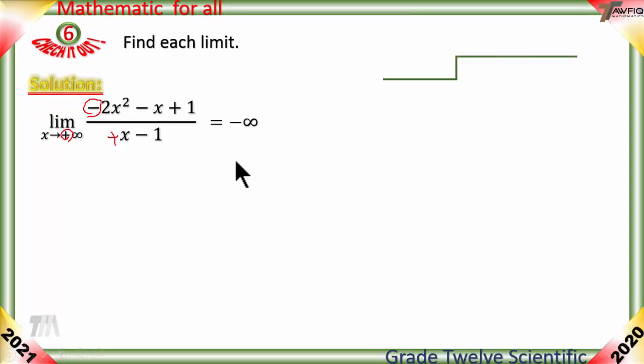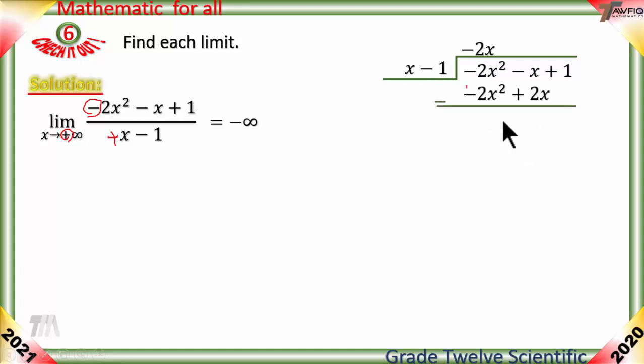And to find the slant asymptote, only make a long division. Minus 2x squared minus x plus 1 divided by x minus 1. Minus 2x squared divided by x is minus 2x. Minus 2x times x minus 1 is equal to minus 2x squared plus 2x. Subtracting, this one is cancelling, and this one minus x minus 2x is minus 3x.